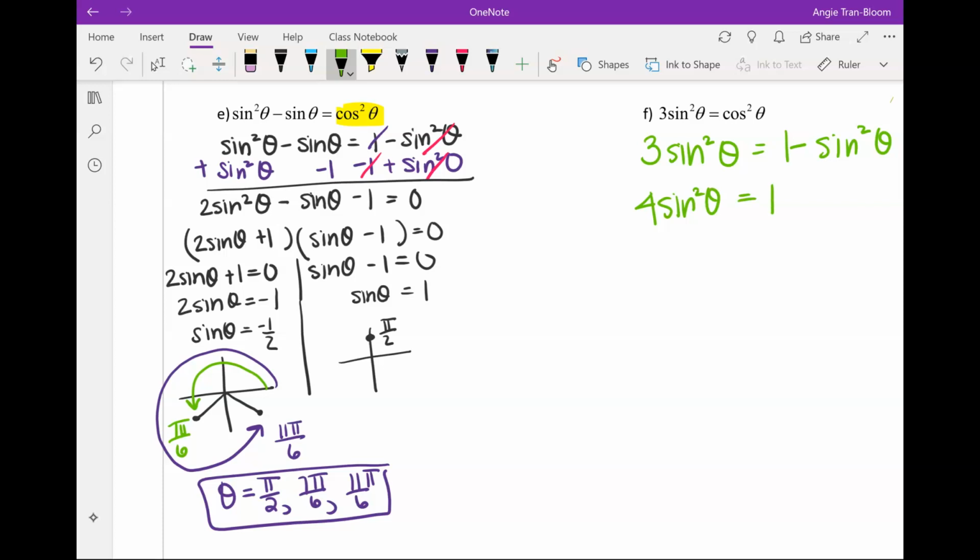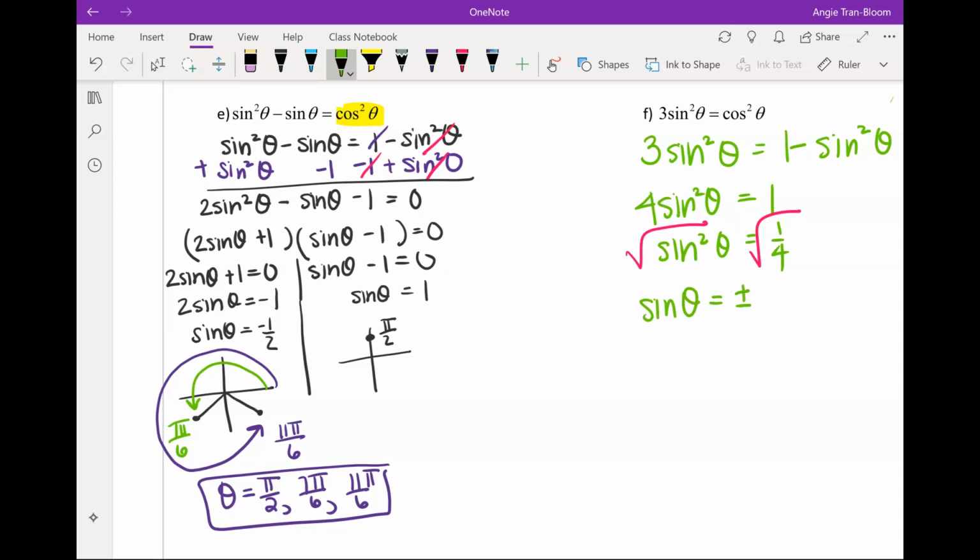There are multiple ways you can go about this. You can factor it out because it's a difference of 2 squares. Or we can now divide both sides by 4, and that's a quarter. Then I can take a square root, right, y'all? If I take a square root, how many answers do I have? 2, because remember, it's a regular sine. I can have positive and negative. It's totally okay.